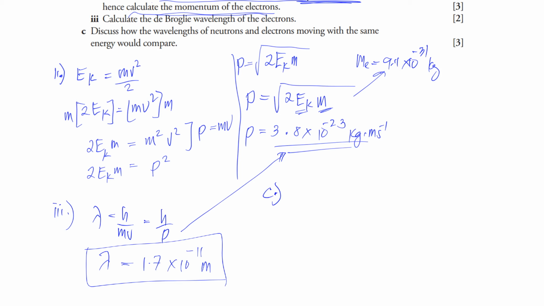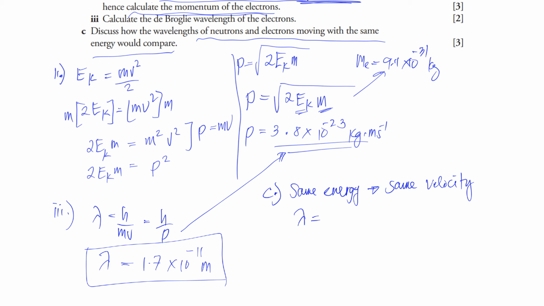Here, C. Discuss how the wavelength of neutrons and electrons moving with the same energy would compare. Okay, same energy. It means to say they have the same velocity. That is the meaning of that. Now, using our formula for de Broglie, h over m times v.